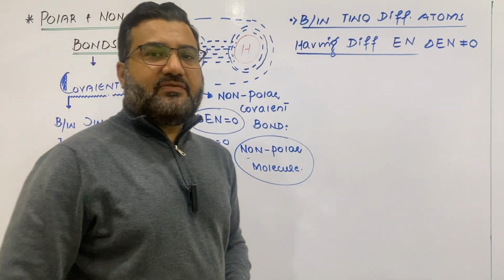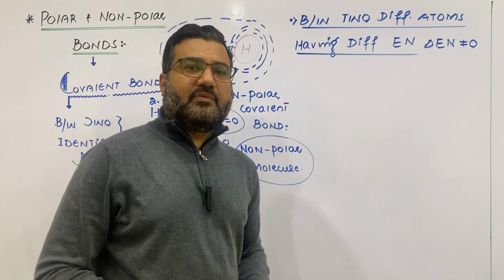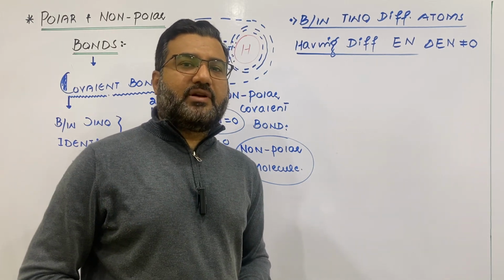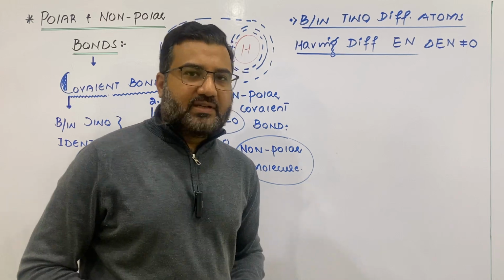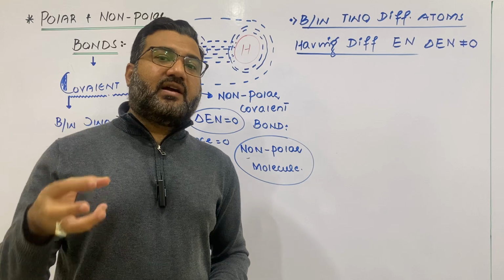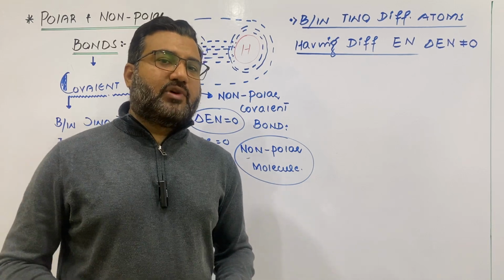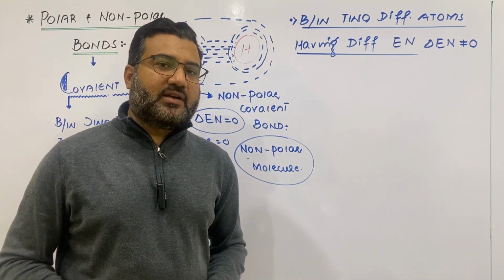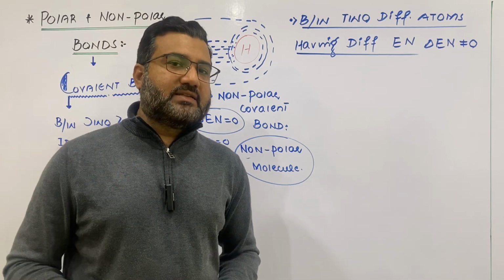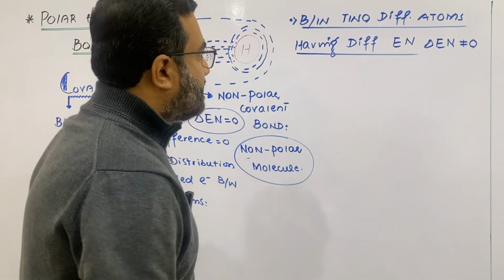And when the difference of electronegativity is not 0, it means the bonded electrons will not be equally distributed between the two bonded atoms. Rather, the atom having higher electronegativity will have higher electron density in its molecular orbitals as compared to the atom having low electronegativity, which will have low electron density in its molecular orbitals.